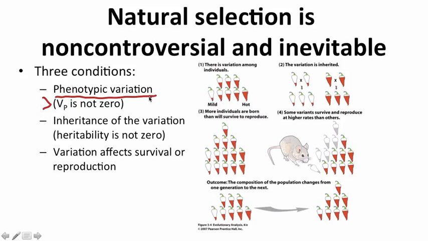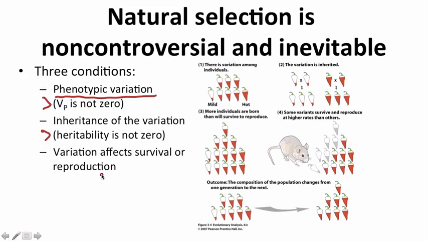Some of that phenotypic variation you see is actually inherited or genetic. In that regard, we're saying that the heritability is not zero. So you see, I'm introducing the same terms we did before, but now with some quantitative genetics behind them. And last but not least, this variation that is inherited must affect either survival or reproduction.